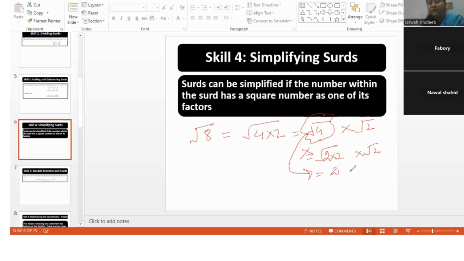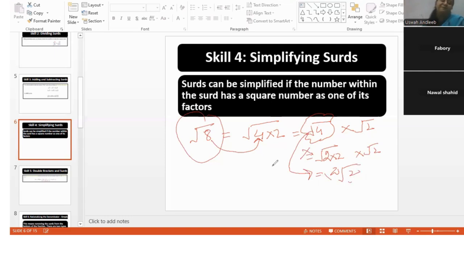It can be solved with a calculator, but you are not required to do that. So 2 under root 2. So under root 8 can be simplified by writing it as a product with a square number. Then you can easily solve the square number for the answer and leave the remaining non-square number inside. So this is the solution.